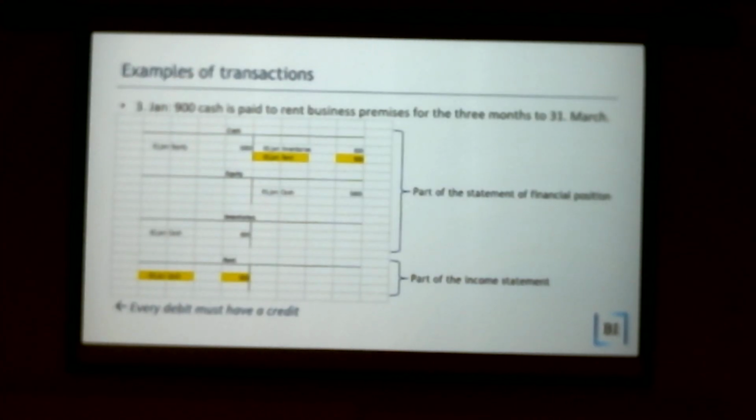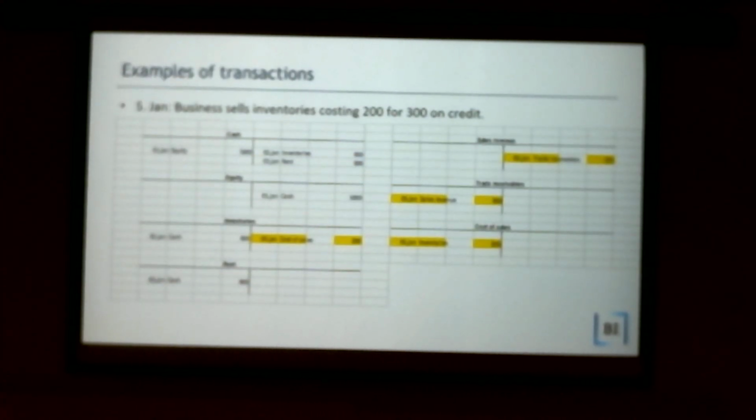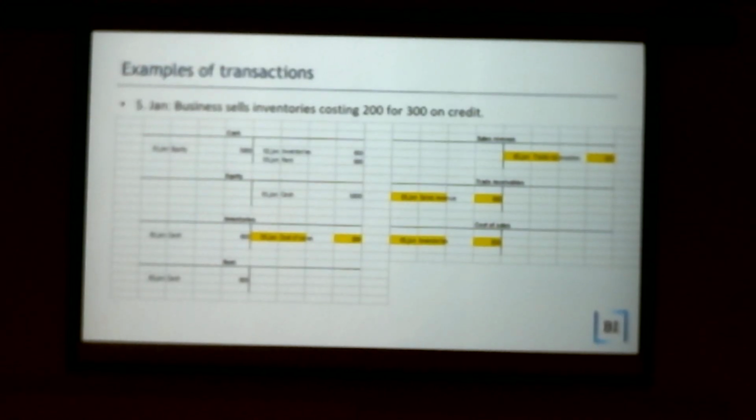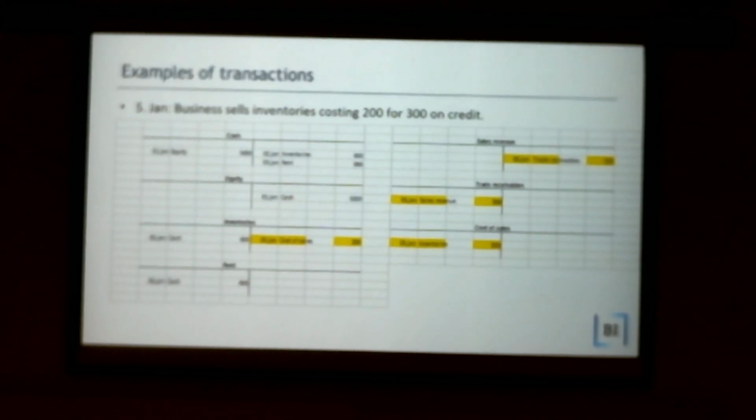So that's the basic idea of what's going on. Then, next example here, the business sells inventories costing 200 for 300 on credit. So you see now there are 4 things going on. So it's 2 times 2 things that happen here. Yeah? So one thing is basically the revenue side and one thing is the cost side, and they are different.